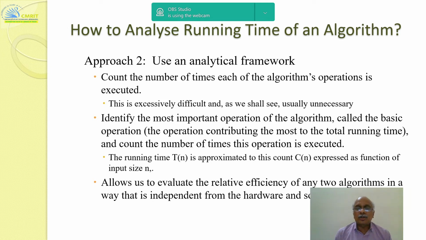So we count how many times the operations on the inner loop are executed. So we express the running time as a function of this count, or this count is also a function of the input size n.